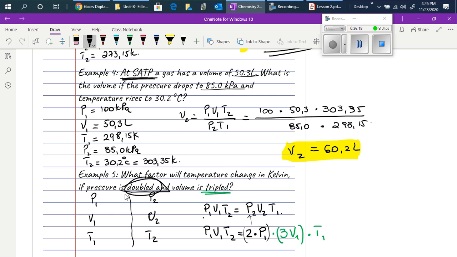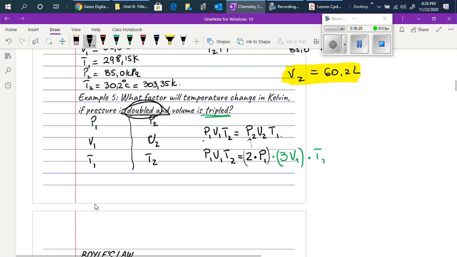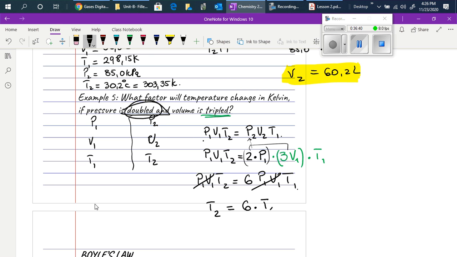So P1 V1 T2 equals 2 times 3, which is 6, P1 V1 T1. P1 V1 is the same on both sides and multiplied, so we can cancel it out. That means T2 is equal to 6 times T1.